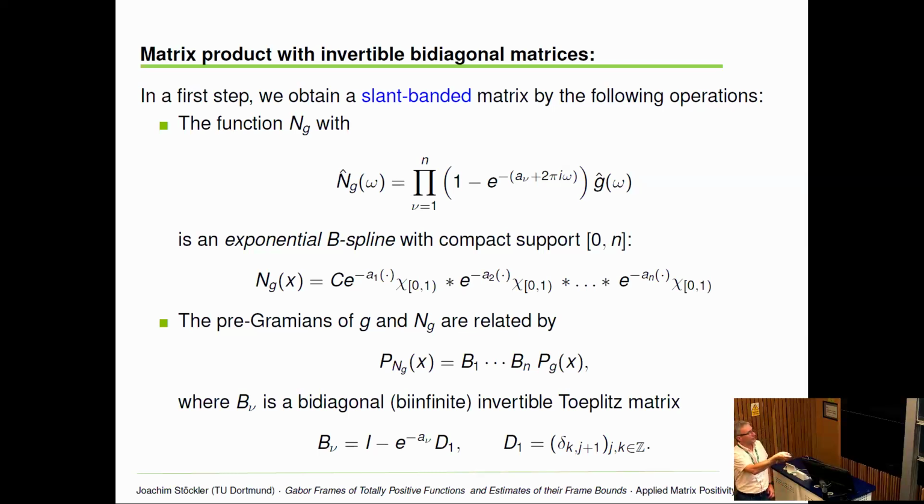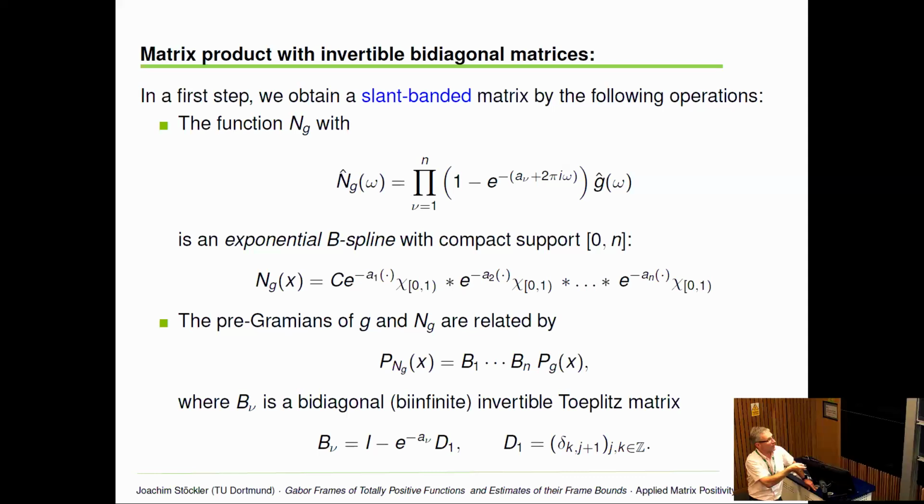What does this identity up here tell us? Oh, I should have said at this point, if you think about this in terms of spline theory, your totally positive function g would be the truncated power. And here you just do an ordinary difference. It's not even a divided difference.